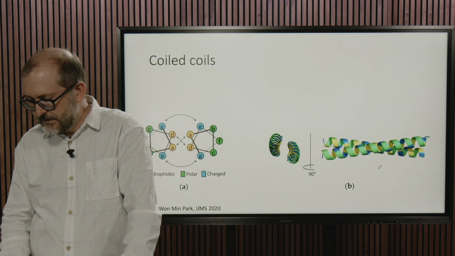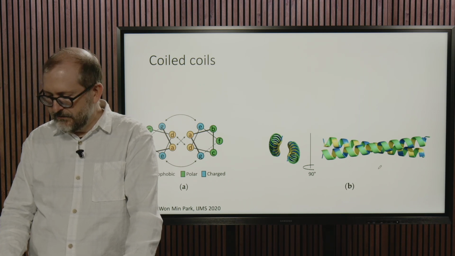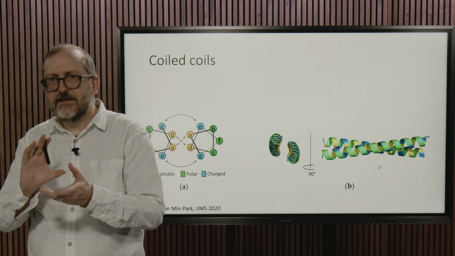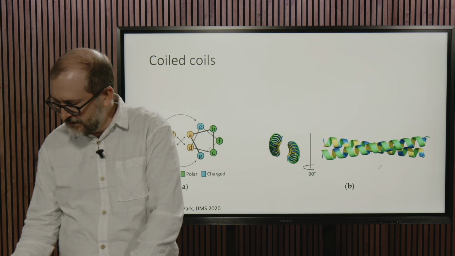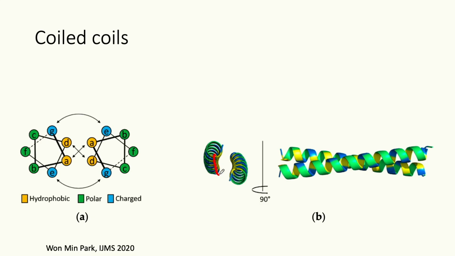And so as a result, if you have a regular pattern that enables these guys to contact each other, in terms of integer multiples of steps, you're going to end up having some sort of spiral. And that's what's happening here. What you've got is some residues here that form a hydrophobic patch. And again, it's regularly spaced in terms of the number of residues. It's making contact with this hydrophobic patch here, and generating a net coiling for the two helices.